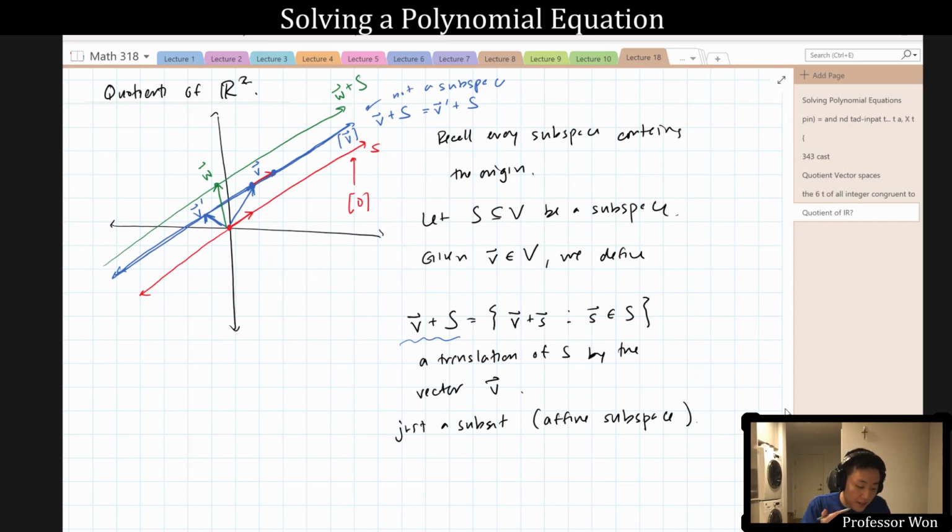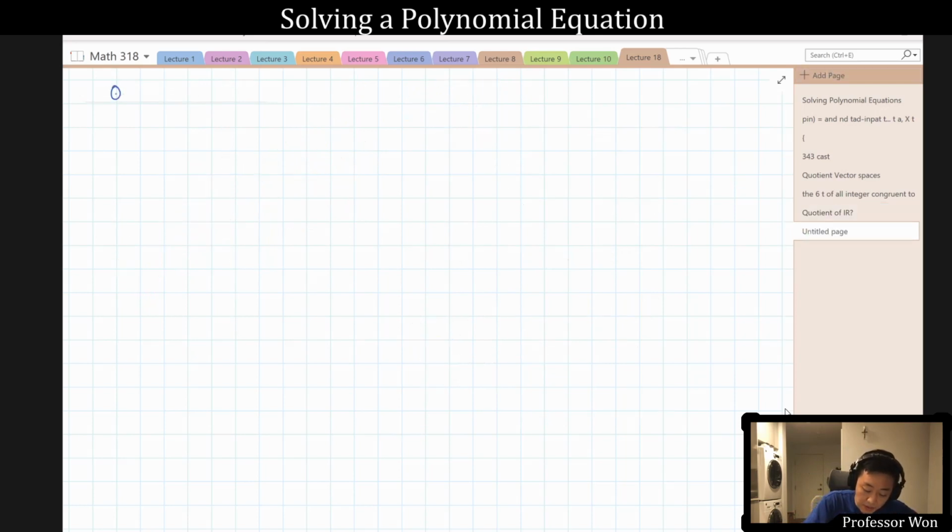Now let's think about the picture in R3. Okay, so quotients of R3. Again, let's take any subspace that you want of R3.